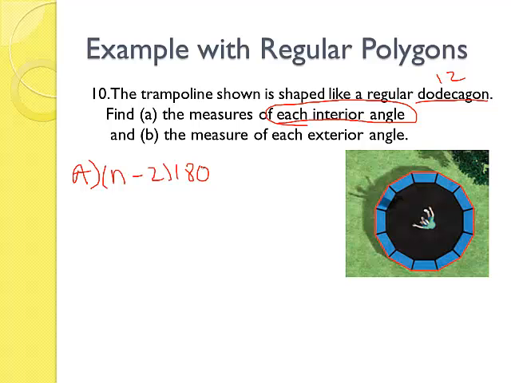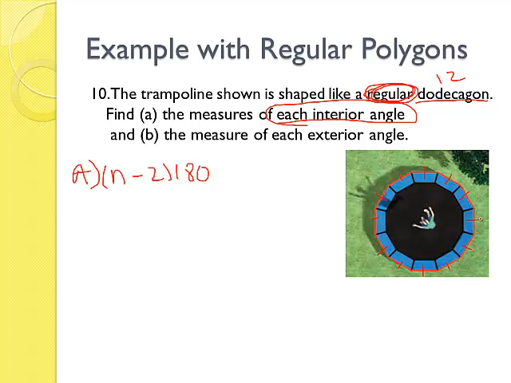If we know it's regular, recalling things from last semester, regular means that you have all the same interior angles and all the same side lengths as well. So these are all congruent, and the interior angles would be congruent as well.